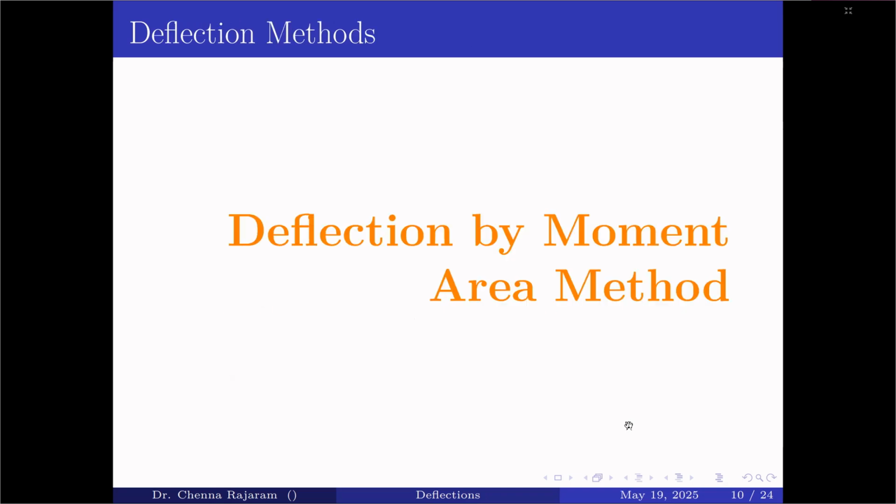So this is how we calculate the slope and deflection of a cantilever beam subjected to uniformly varying load using the double integration method. Now we'll discuss the moment area method.